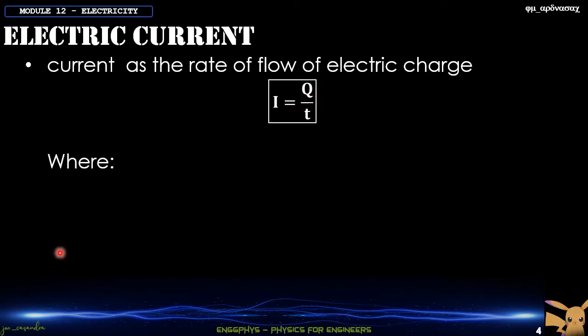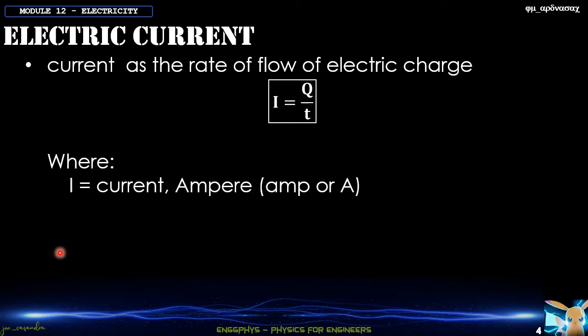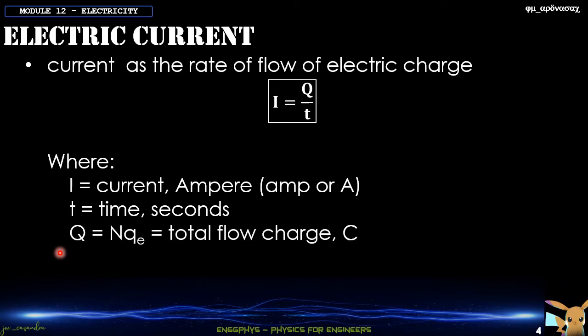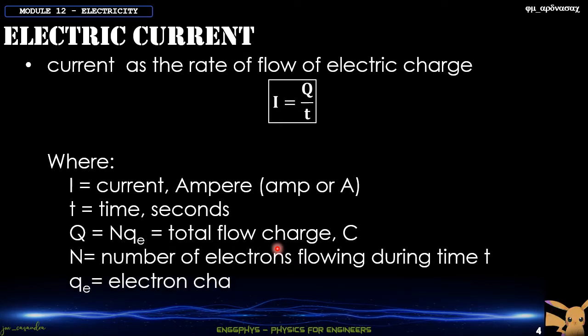I is the current measured in amperes, t is the time it flows in seconds, and Q is the total flow of charge in coulombs. If we know the number of electrons passing in our conductor, you can compute Q using N times the charge of an electron. So always remember this value.